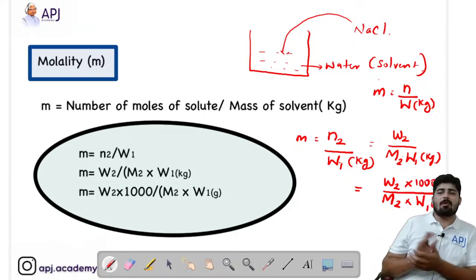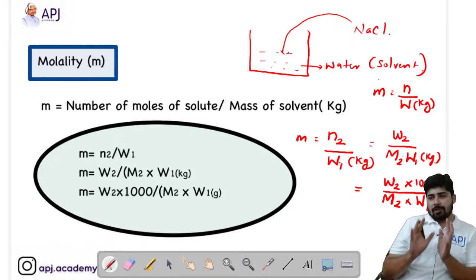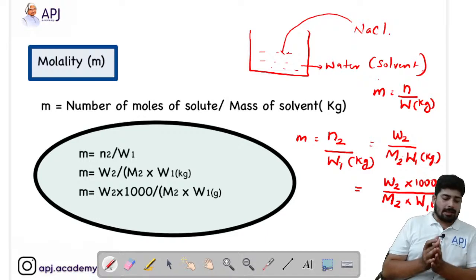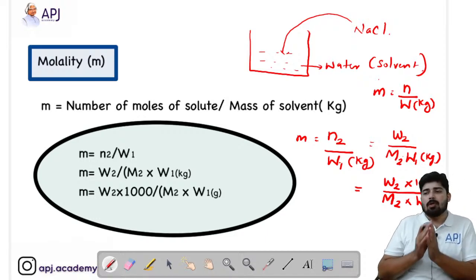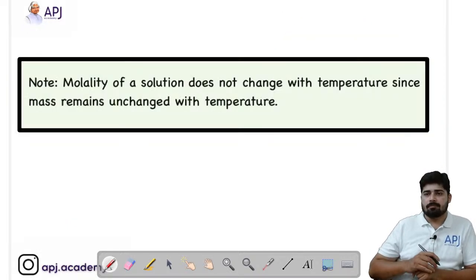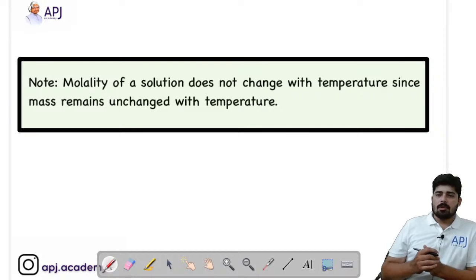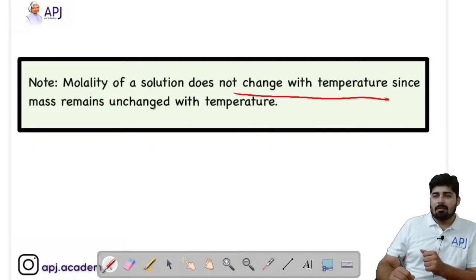So these 3 formulas you have to learn from molality, and 3 formulas I have given you from molarity. Both these you have to learn with proper care. Yes. Now another note. See students, the molality of a solution does not change with temperature since the mass remains unchanged with temperature.